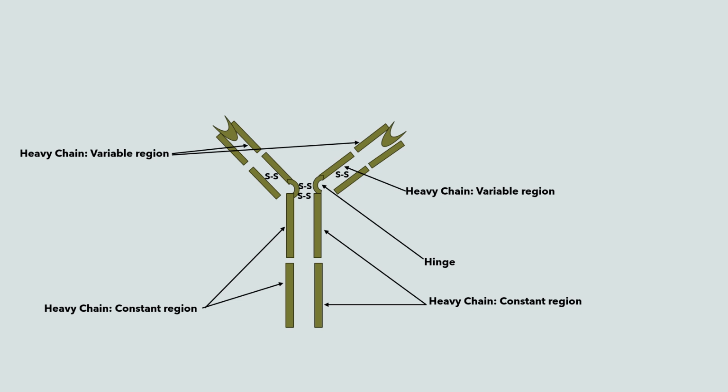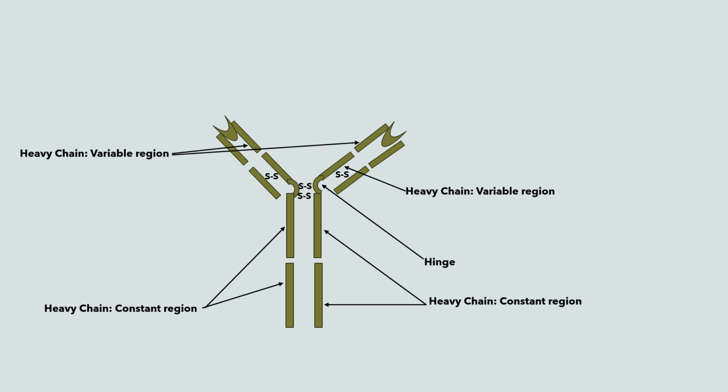They have key regions that carry out certain functions, and this is why I've got this diagram here. So we have a heavy chain, which has a variable region and a constant region, and then it also has a light chain.